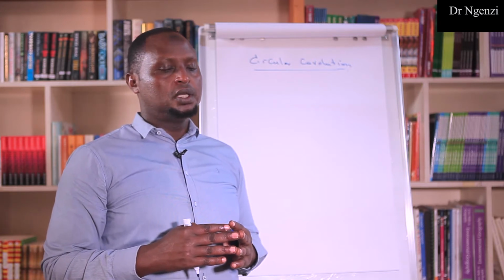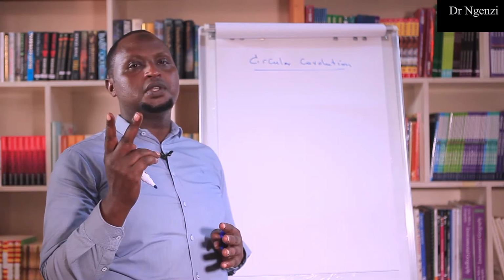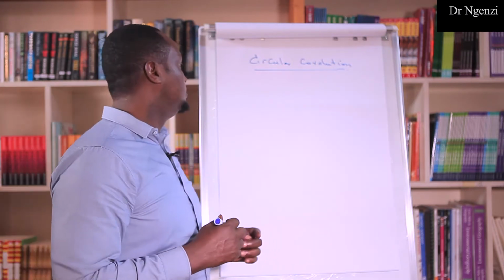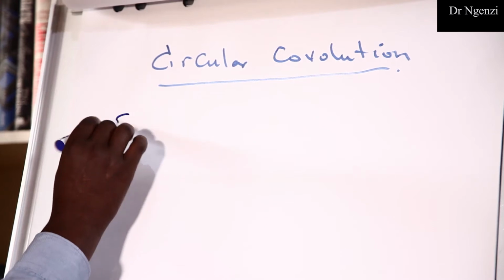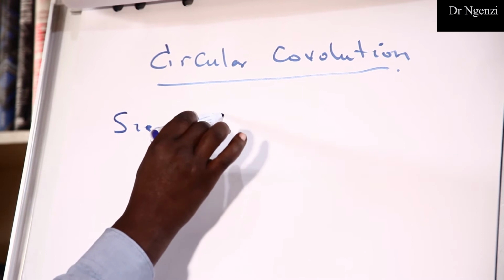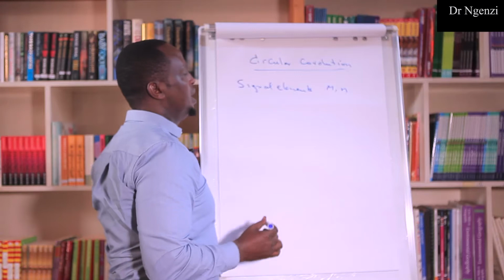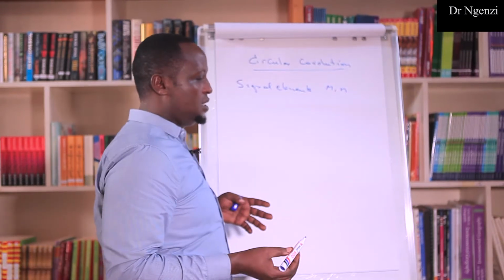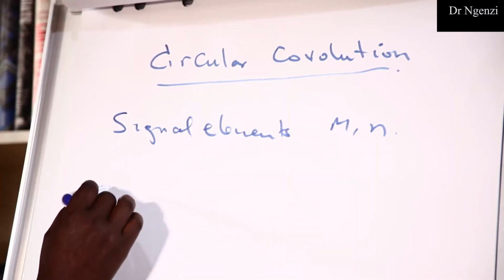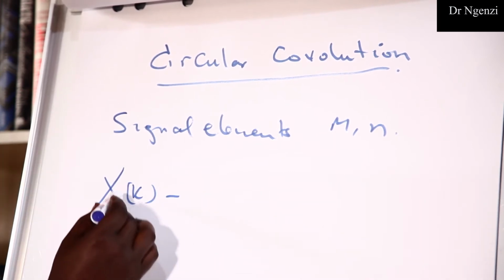So in this case, remember, when we were discussing circular convolution, we have two signals, for example, we called them N and M. Suppose you have signal elements M and N, and just putting it in the equation, we will have x of k, for example, or x of m minus any value.